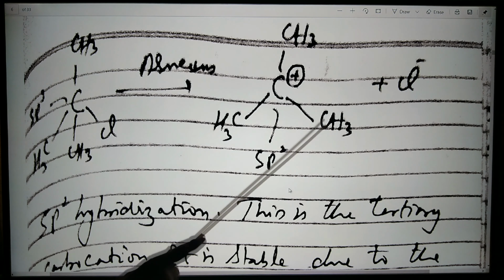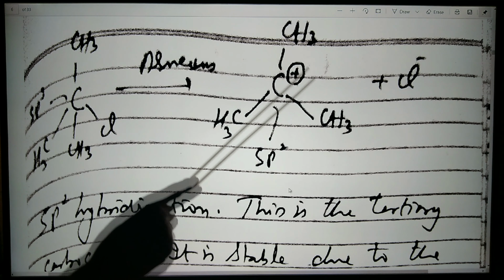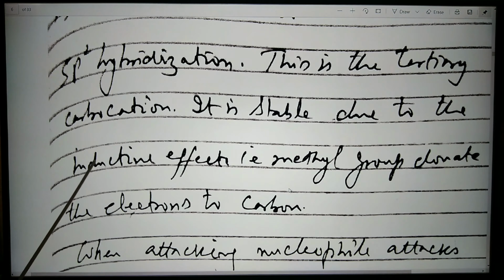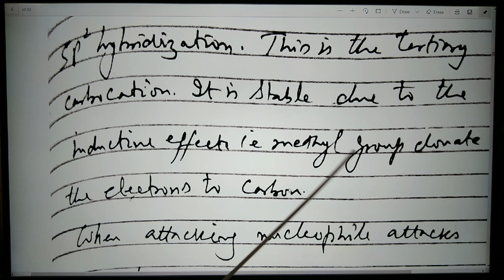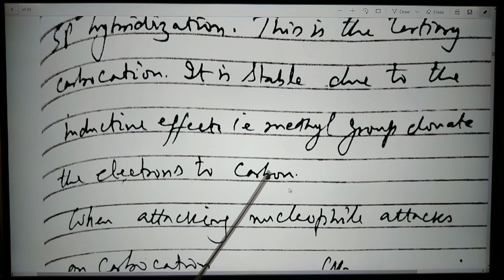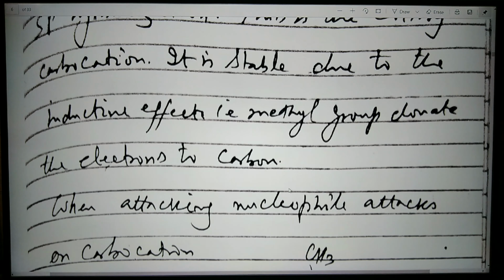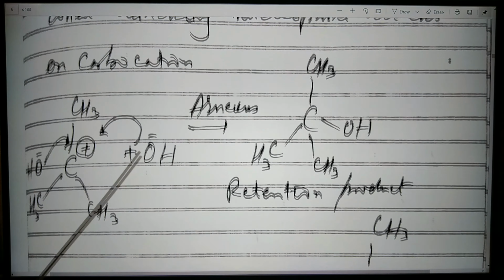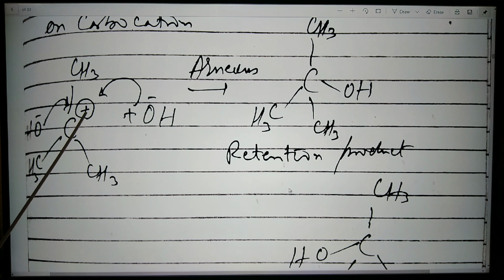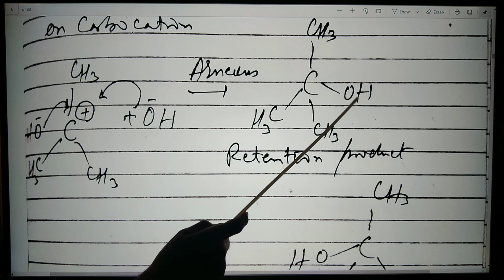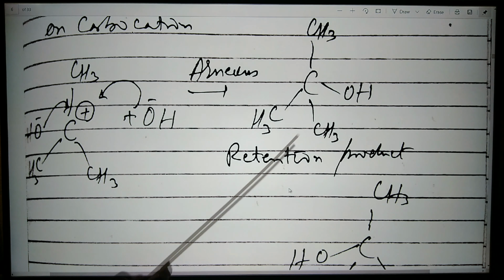If we have only one, it is called primary. The tertiary carbocation is stable and shows the inductive effect, that is, the methyl groups donate electrons to the carbon. When the attacking nucleophile attacks on the carbon, what happens? If OH attacks from the front side, the product is this one, called the retention product.